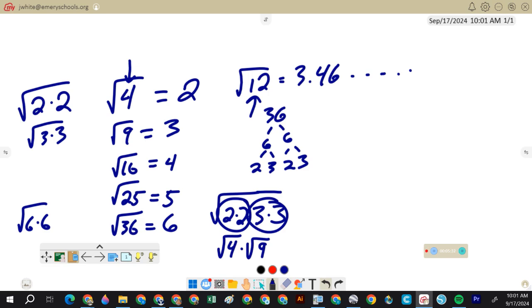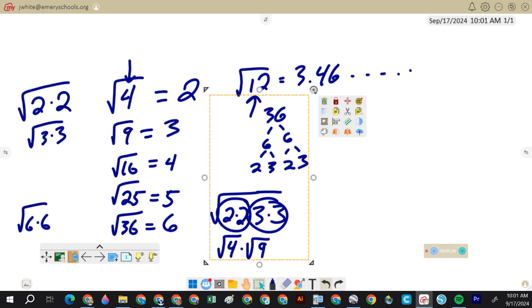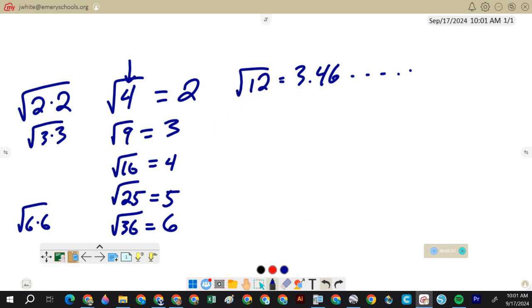So let's look at 12. What goes into 12? 2 and 6. What goes into 6? 3 and 2. And I'm going to erase anything that factored. So this is called the prime factorization.